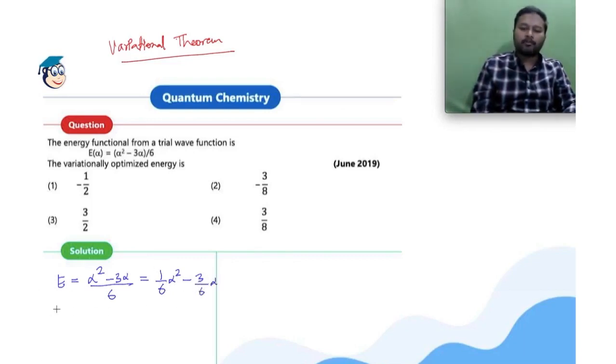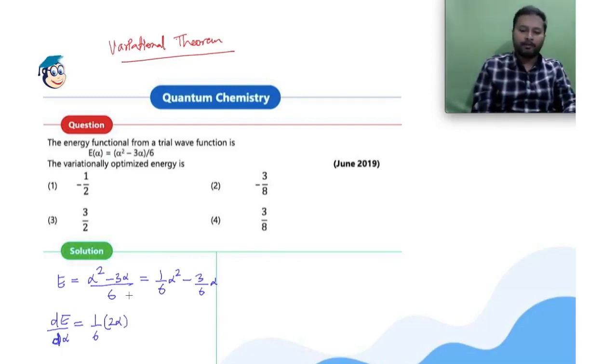Now what I'm going to do is differentiate this particular function with respect to alpha, because it's a function of alpha, obviously. So it will become dE by d alpha. Okay, so I'm just differentiating once with respect to alpha. So what I'm going to get is, 1 by 6 is a constant, so that will remain as it is. Differential of alpha square is going to be 2 alpha, just like differential of x square is 2x.